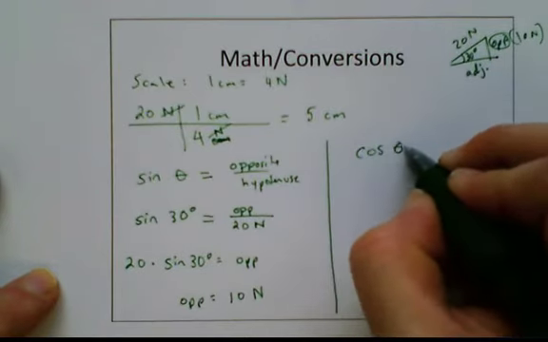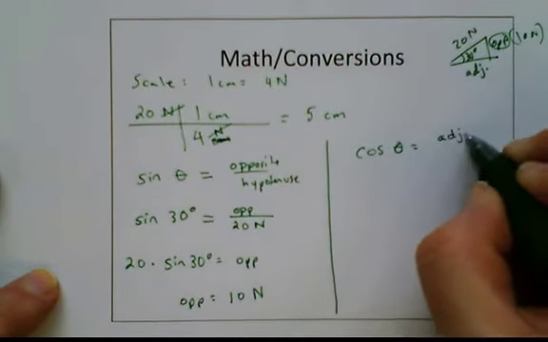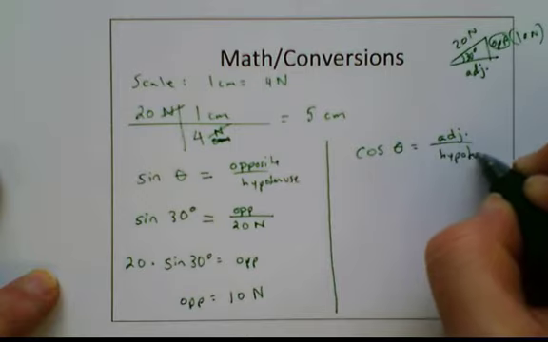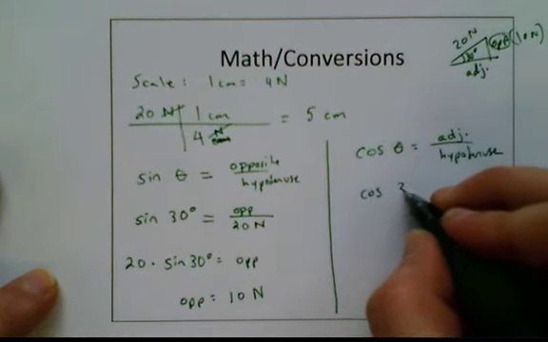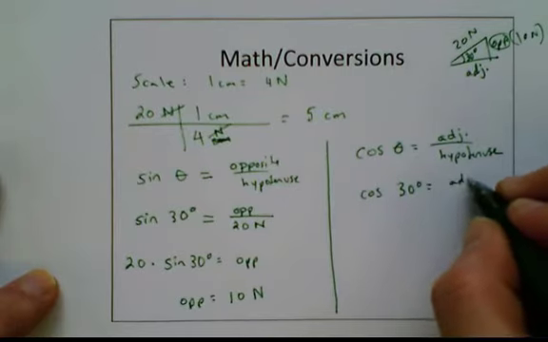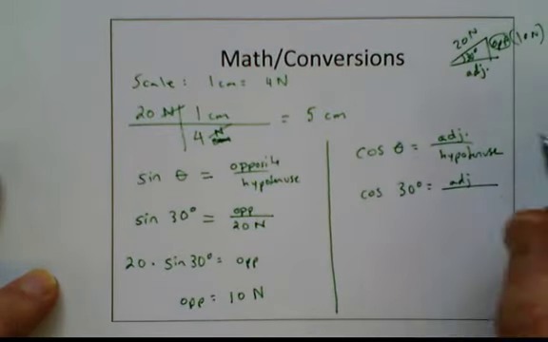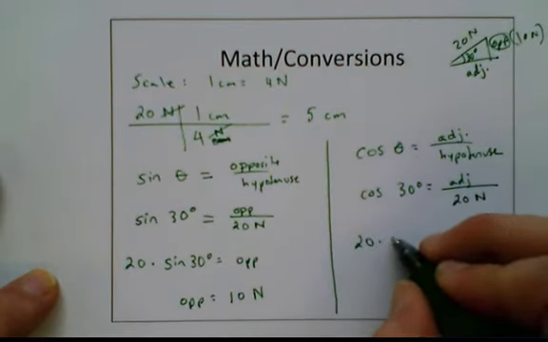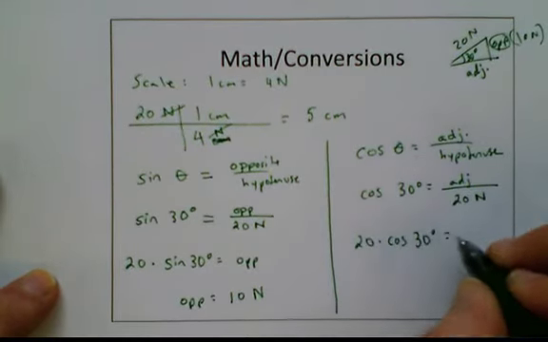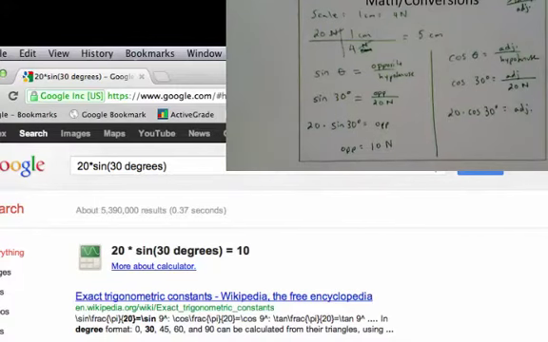So cosine of theta equals adjacent over hypotenuse. We know that our angle is 30 degrees. Adjacent is the unknown, and the hypotenuse is still 20 newtons. So 20 times cosine of 30 equals the adjacent. Again, you can plug that in.